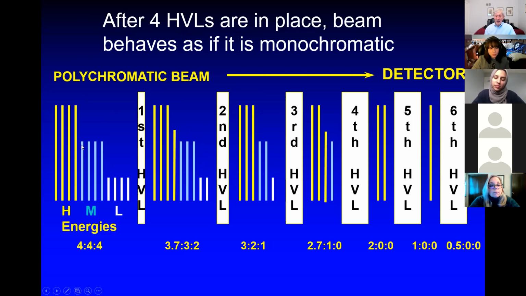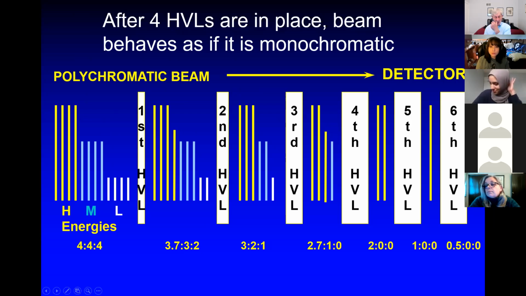Now look what happened after the third layer. When you reach the 4th layer, the low energy is gone, the medium energy is gone, and what's left over? Only the highest energy. So after 4 layers, this behaves monochromatically, and then it's going to go from 2 bars to 1 bar to 1/2 of a bar.